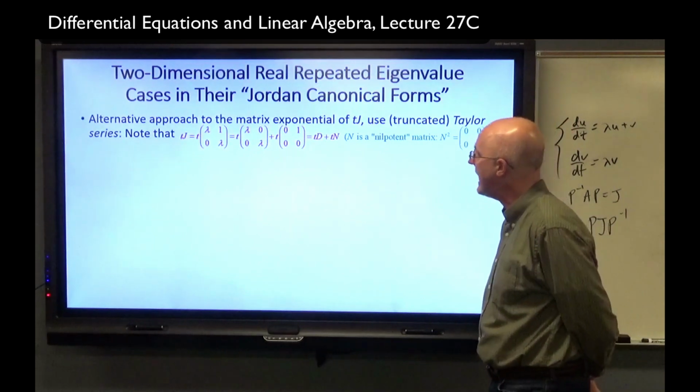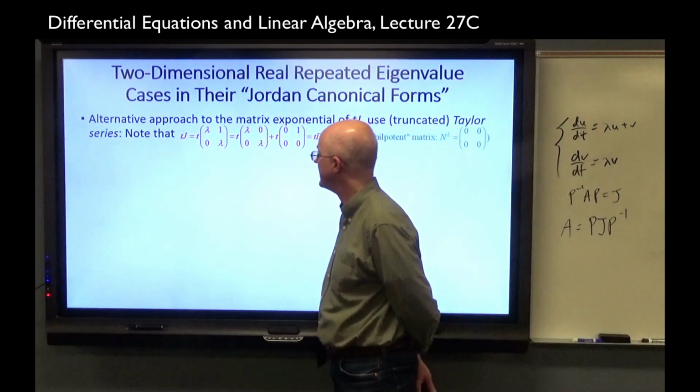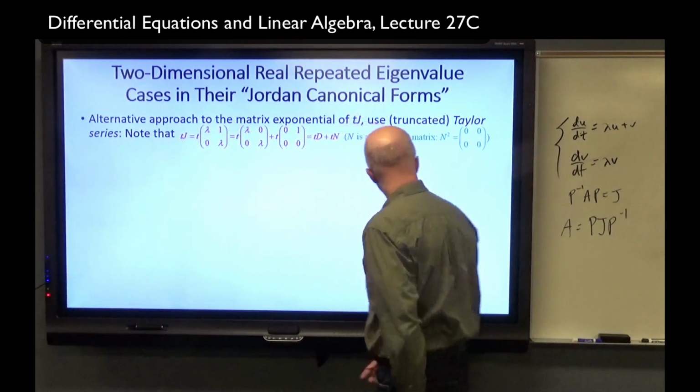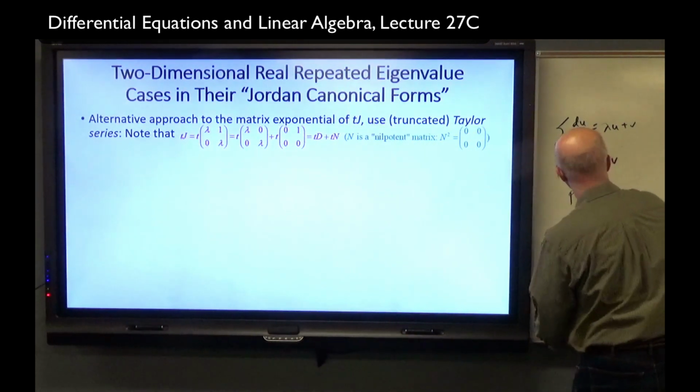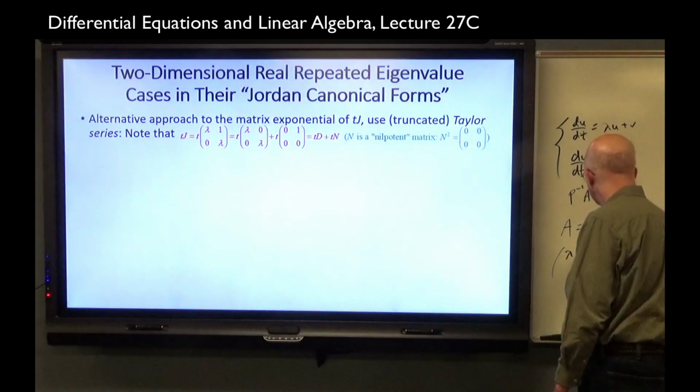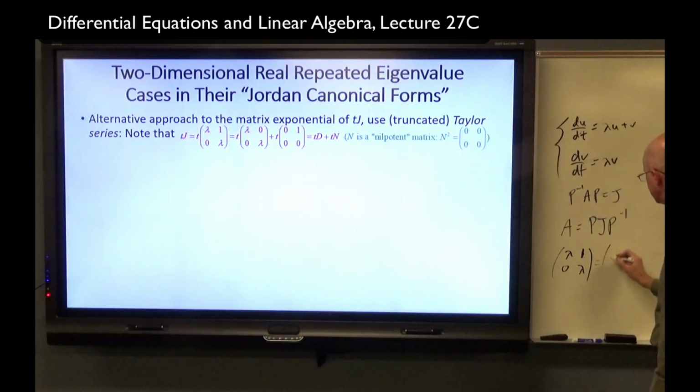Note that T times J, which is the matrix I want to exponentiate, can be written this way. Why? Because the matrix J can be written as a sum of two matrices: this matrix, which is lambda times the identity matrix, plus this matrix, 0, 1, 0, 0.